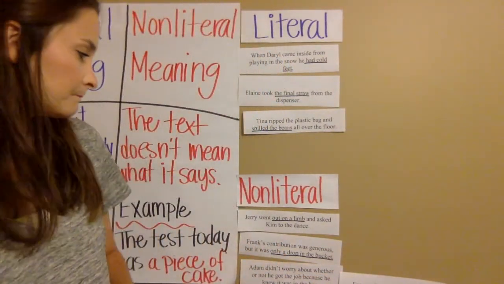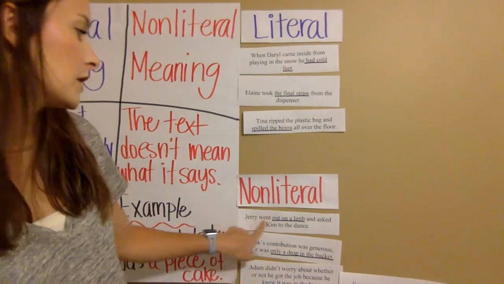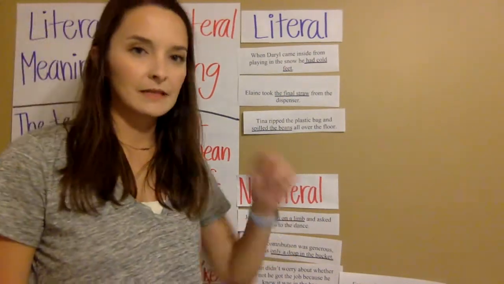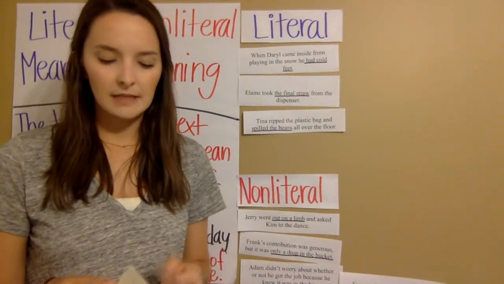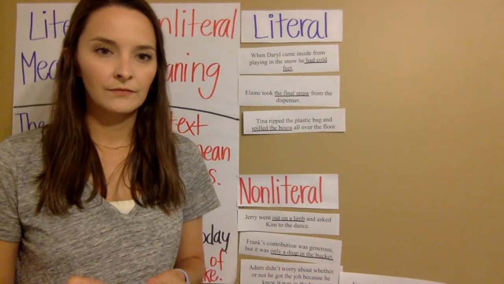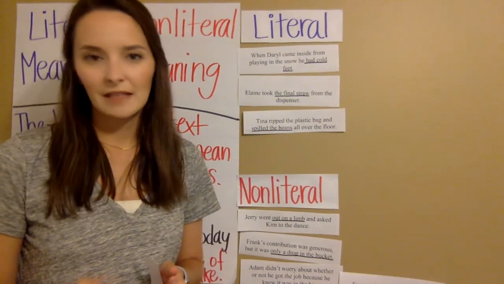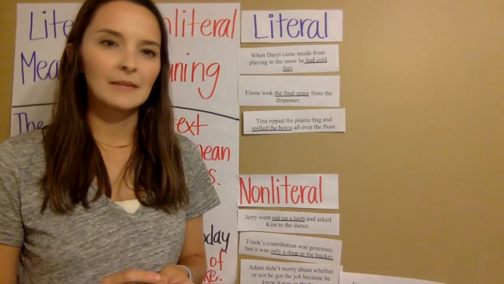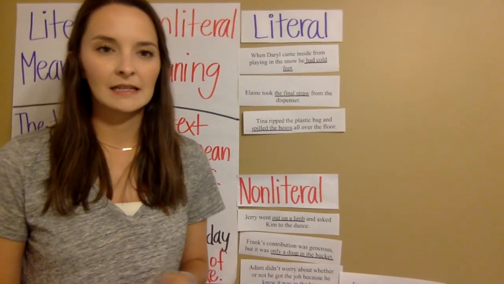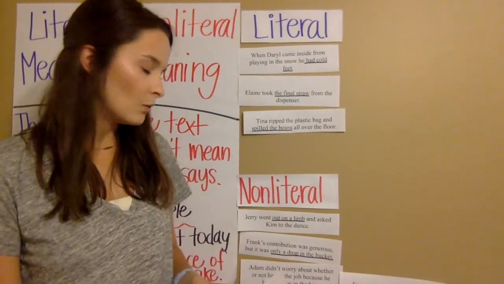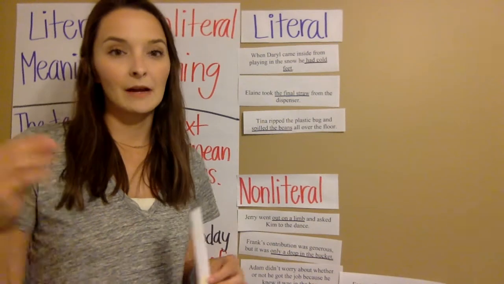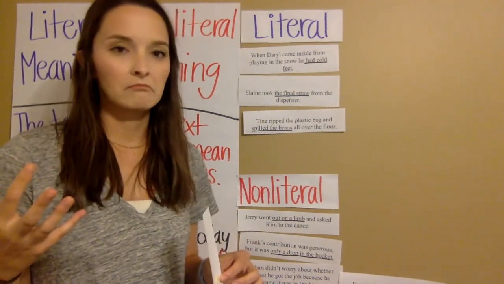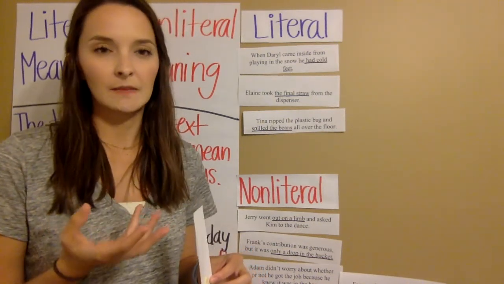What about this one? Jerry went out on a limb and asked Kim to dance. Did Jerry actually climb out on a limb, or does it mean that Jerry did something else? Good. Jerry didn't really climb out on a limb. What do you think Jerry did by asking Kim to dance? What do you think that means? He went out on a limb. Think about when you may climb out on a limb, maybe on a rope swing by the water or something.